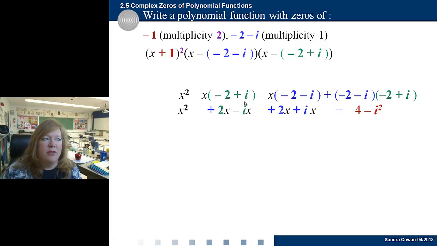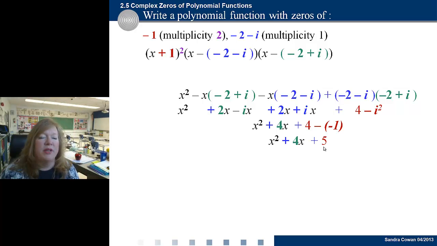So I multiplied through the parentheses by my x's, and I FOILed this thing out, so you get 4 minus i squared. Once you combine your like terms, you're going to end up with x squared plus 4x plus 4 minus a −1. So we end up with x squared plus 4x plus 5. So you might want to pause that and go through it and see how that all works. But try to FOIL it out on your own and see how you do.